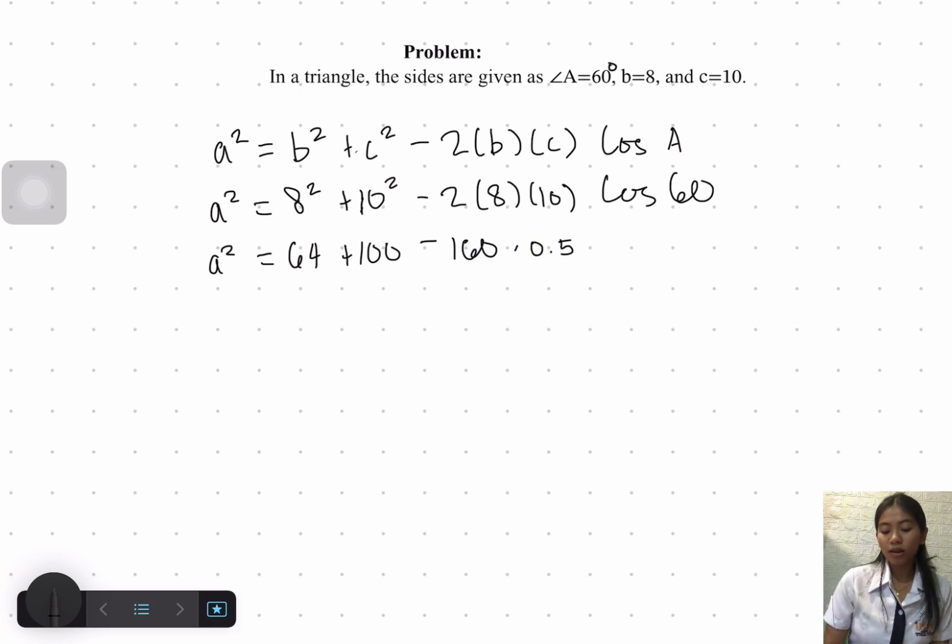Since we know that the value of cosine 60 is 0.5, you can use your calculators in order to solve this problem.